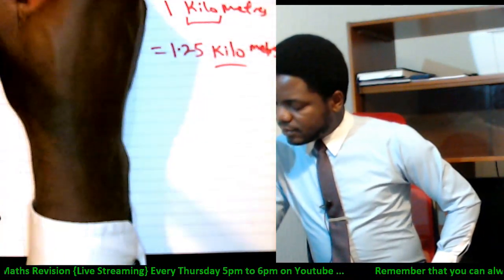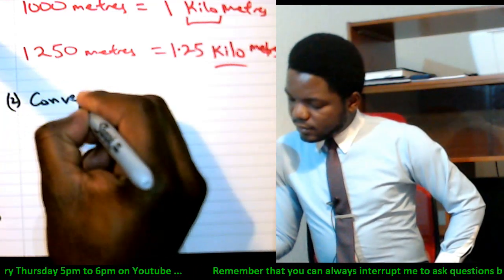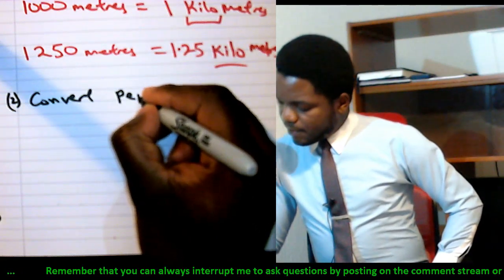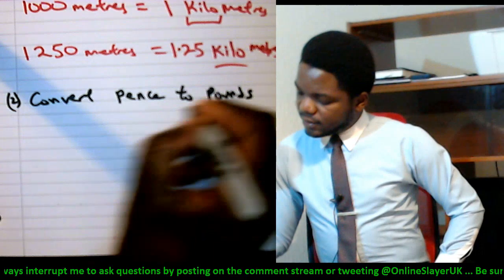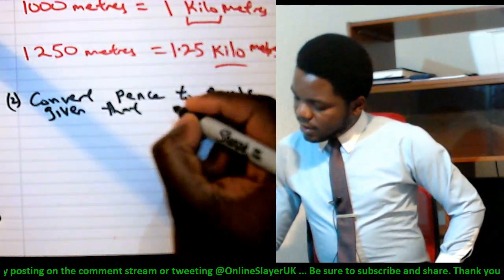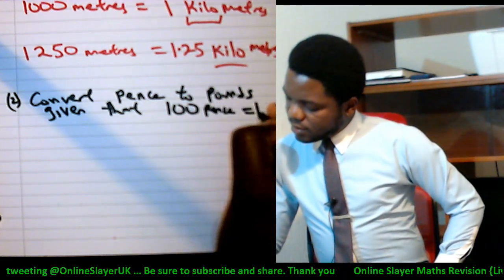Second example. Convert pence to pounds given that 100 pence is equal to 1 pound.